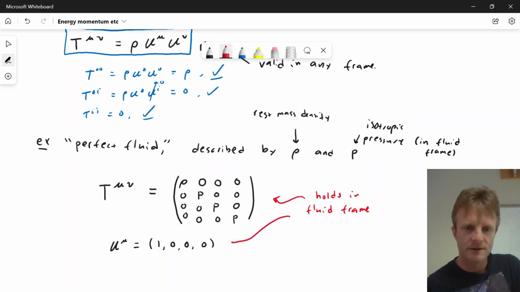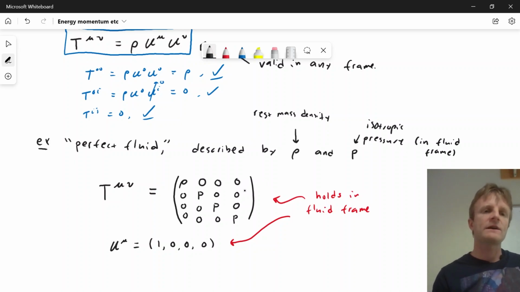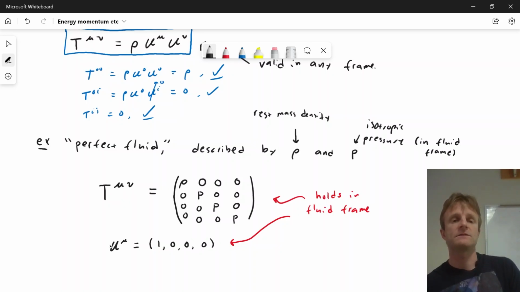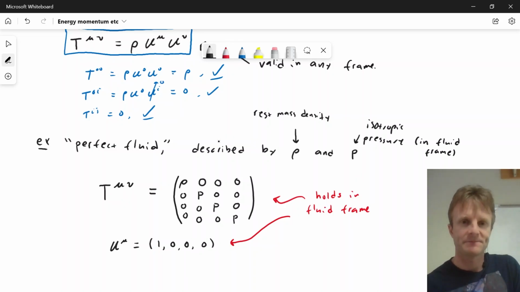So these two equations hold in the frame. So now the task is, how can we write this top equation for the stress-energy tensor using just the ingredients u^mu equals 1, 0, 0, 0, rho, and P? And in fact, you'll find it's impossible unless you bring in one other ingredient, which is the metric.